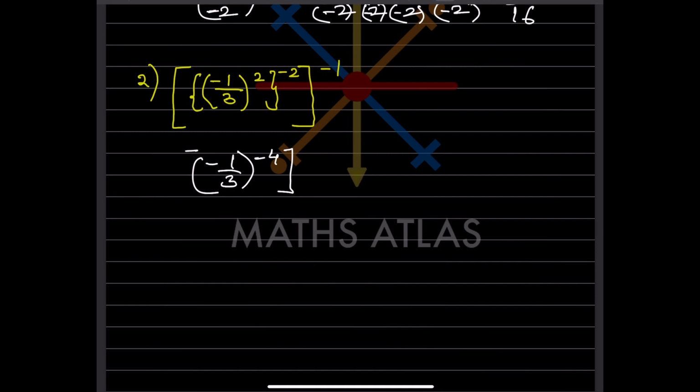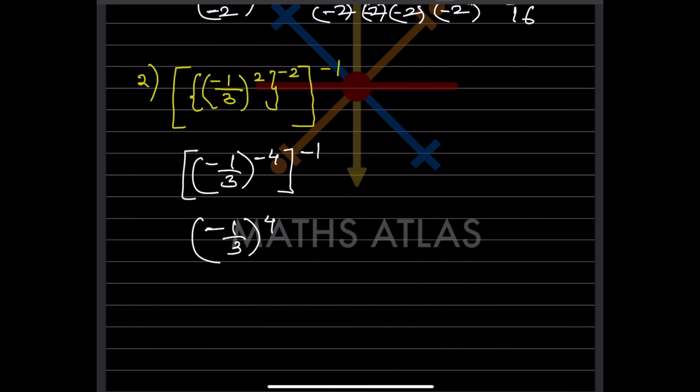You will keep this minus 1 as it is. So now again, this will be positive here. So minus 1 by 3, and this is going to be 4 over here, because minus 4 into minus 1, that is going to be 4.